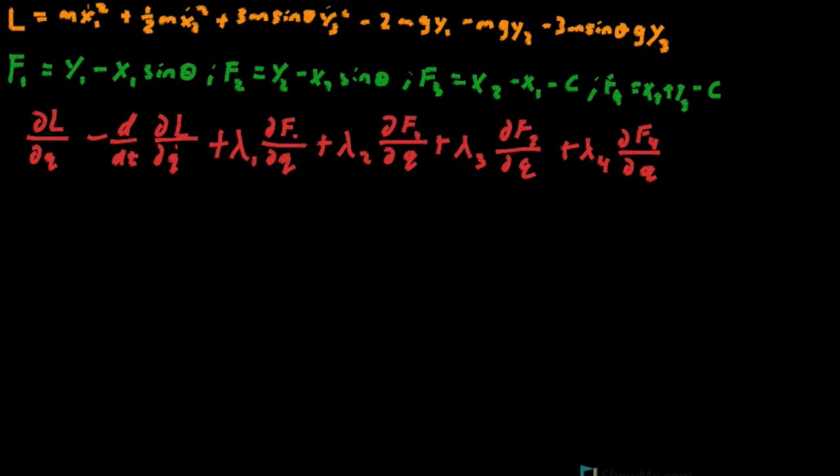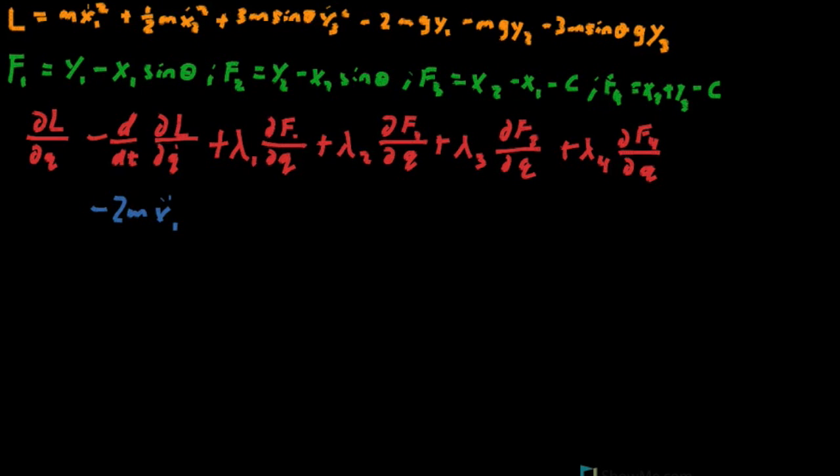If we begin with the variable x1, partial L partial x1 is equal to 0 because L does not directly depend on x1 in any term. Partial L partial x1 dot is going to come from the first term, and we get 2m x1 dot. Because we take the negative time derivative, that's going to have a negative sign here and an extra dot on the x.